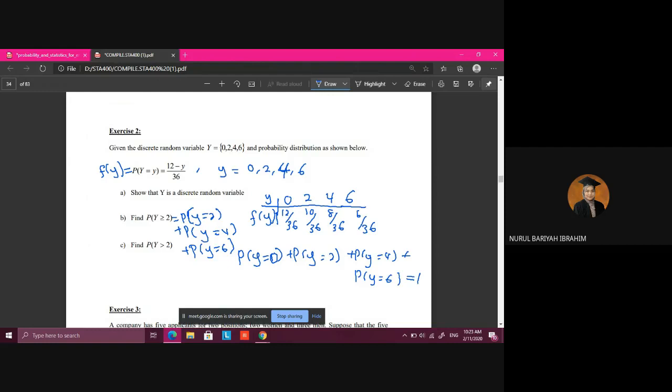Okay, the probability value should be more than 0. Now find the probability of y more than 2. So it will be probability of y equal to 4 plus probability of y equal to 6, so 8 plus 6 is 14 over 36. So that is the way you answer questions from the discrete probability distribution.